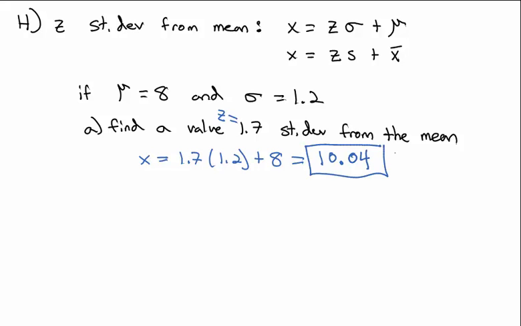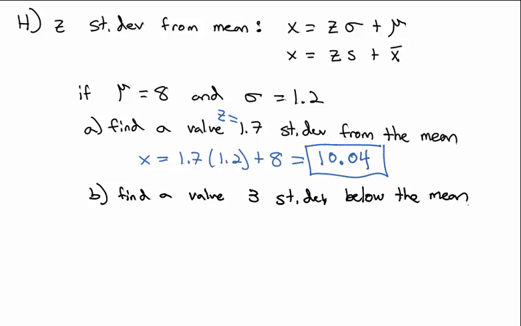Essentially, we have a way to measure distance from a mean. We can go below the mean also. We're going to find a value that is 3 standard deviations below the mean. Again, the number of standard deviations away, that's our z-value.